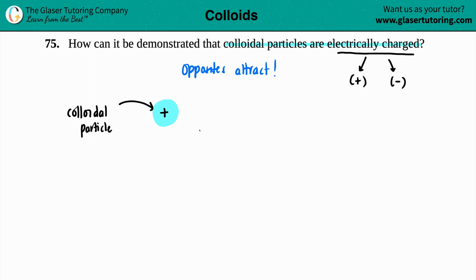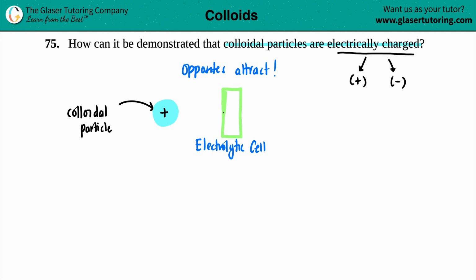But just know that those cells are basically the housing components for positively charged species and negatively charged species. Now in this case, we're going to throw this colloidal particle in an electrolytic cell. And in your electrolytic cell, you technically should have something called electrodes. And those electrodes also have charges.